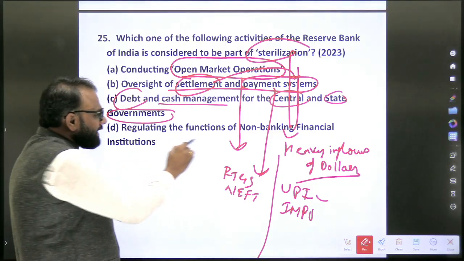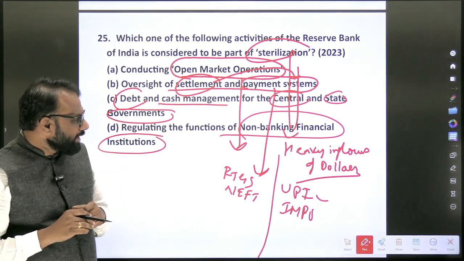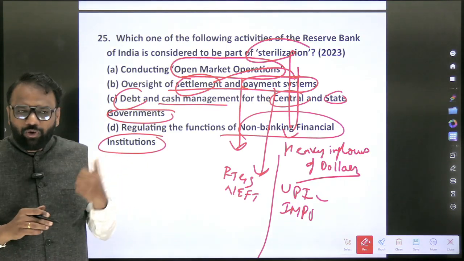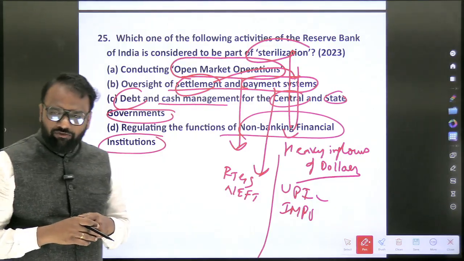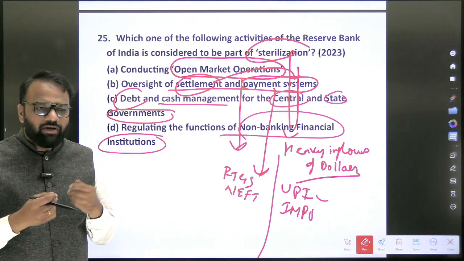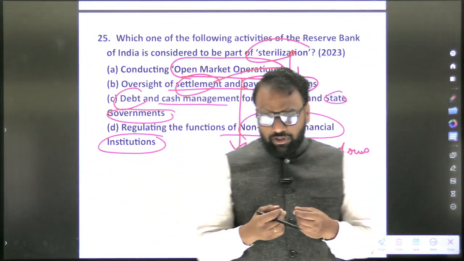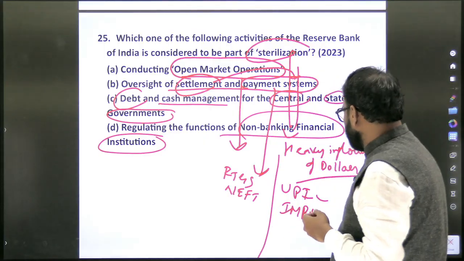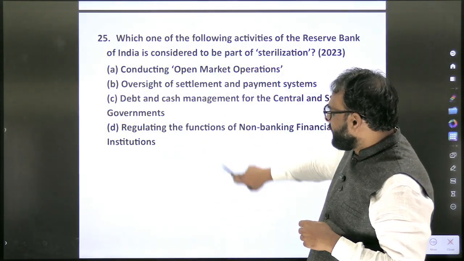Next, regulating the functions of non-banking financial companies and institutions. Who will do it? RBI is involved in the regulation of non-banking financial companies as well. So even on these options, we shall have a revision. If we are able to connect, it will build a comprehensive approach. So the answer is A, conducting open market operations.